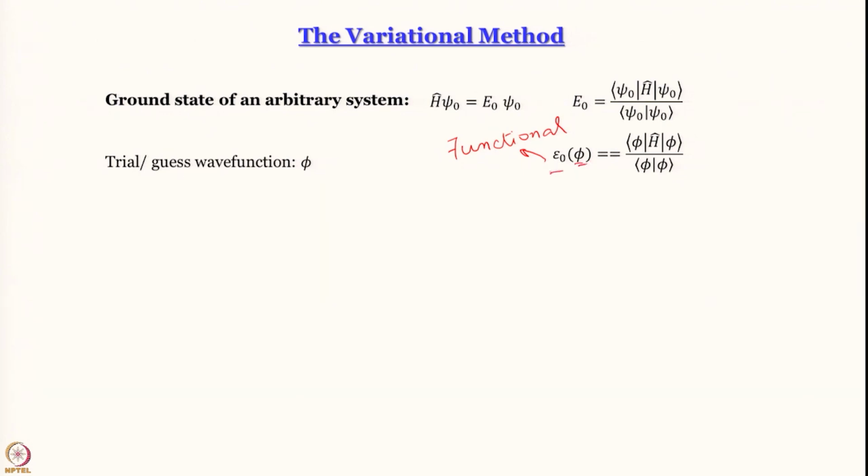Epsilon 0 is a function of functions. Depending on what phi is, value of epsilon 0 is going to change. So, energy is also a functional of the wave function psi 0. Okay? This is called a functional, or sometimes it is called a super function. Super function or functional, a function of functions. For now, just the name is enough.